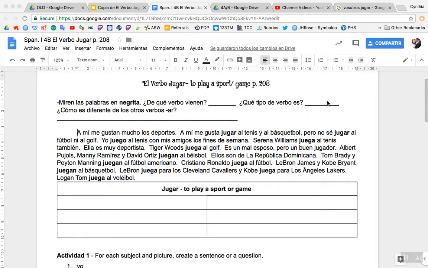So right here, you're going to write stem-changing. And it changes from U to UE. So you could write U to UE underneath here. All right, and when we do the conjugations down here, we will write that down as well, okay?